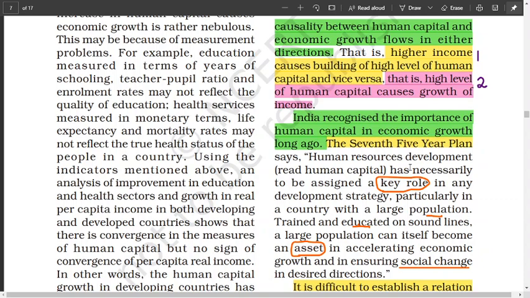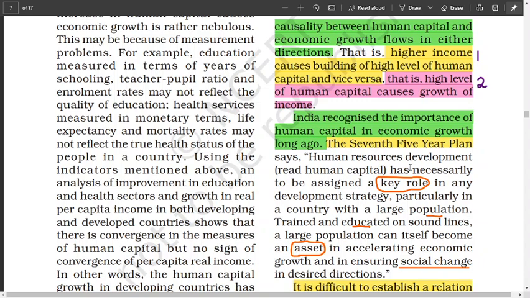So because of the importance of these sources, the factors that bring about economic development, and we understand human capital can also help in bringing about the development of the country. In India, we recognize that importance.